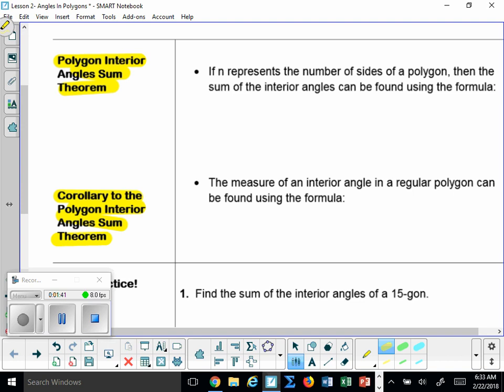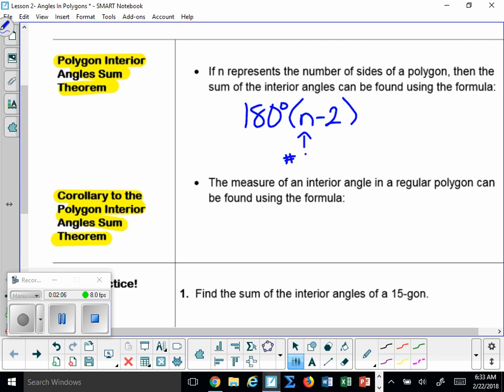The first 2 note cards deal with finding interior angles of a polygon. The first one, the polygon interior angle sum theorem, so very creatively named. So we're going to find the total number of degrees inside a polygon. And we use a very simple formula here: 180 degrees times the quantity of n minus 2.